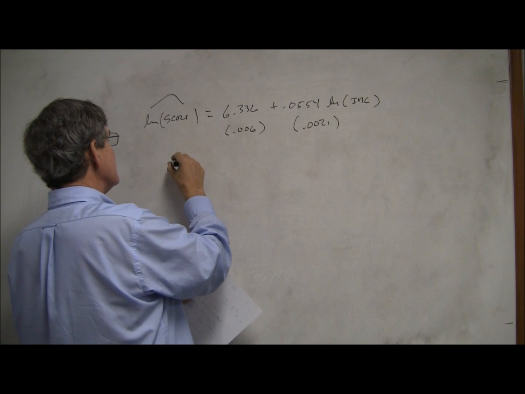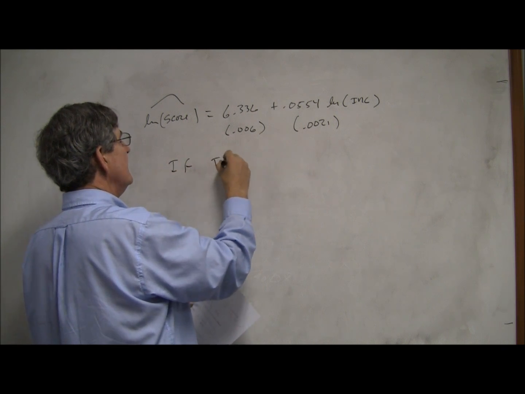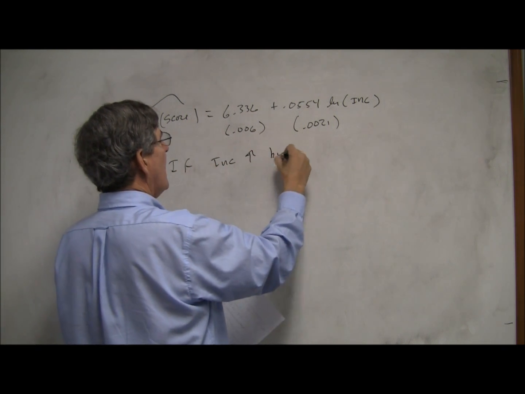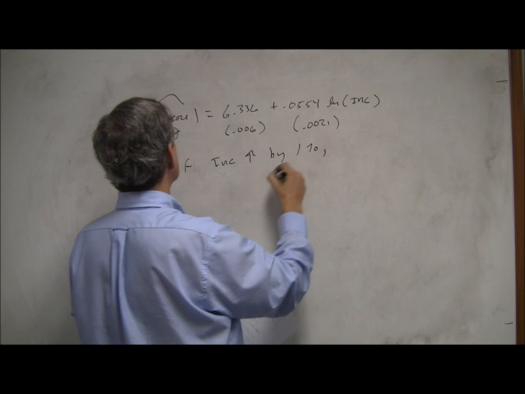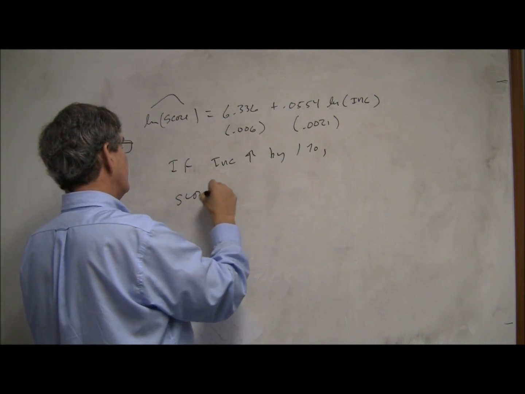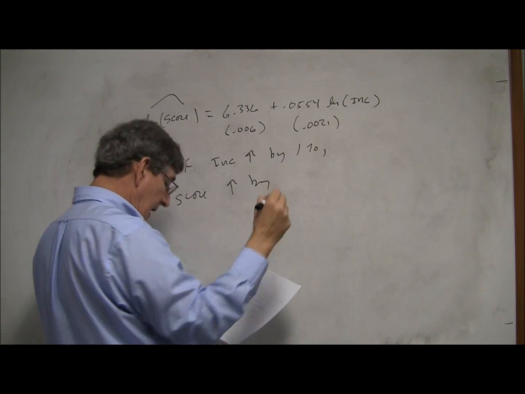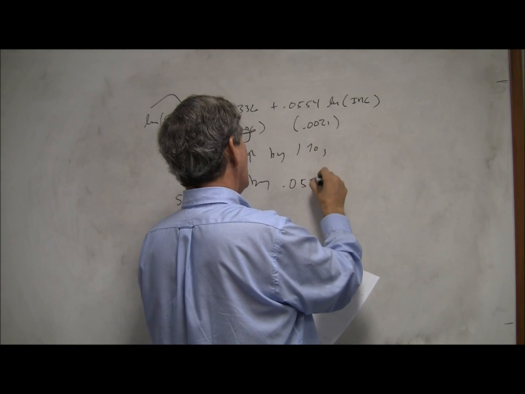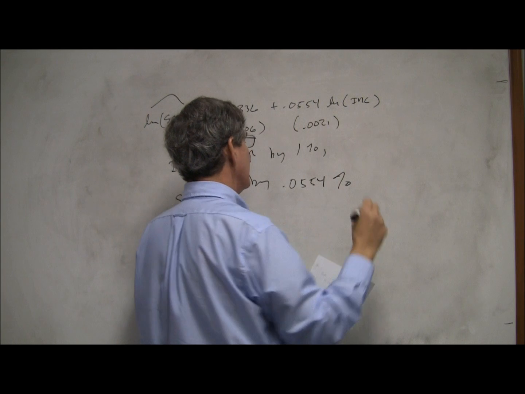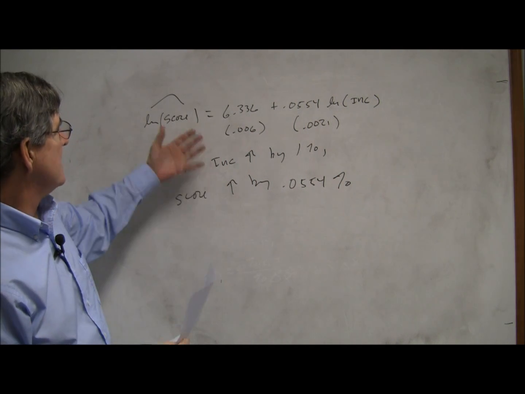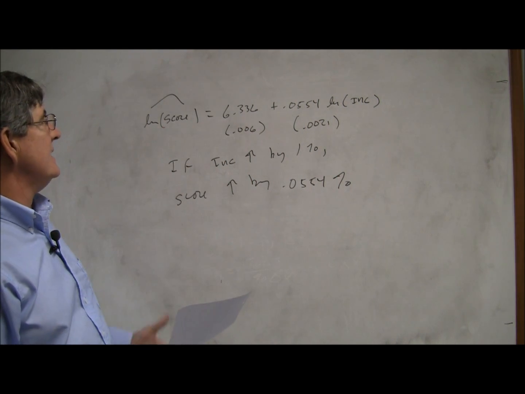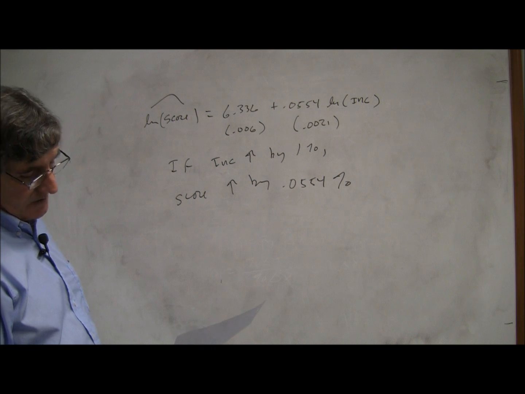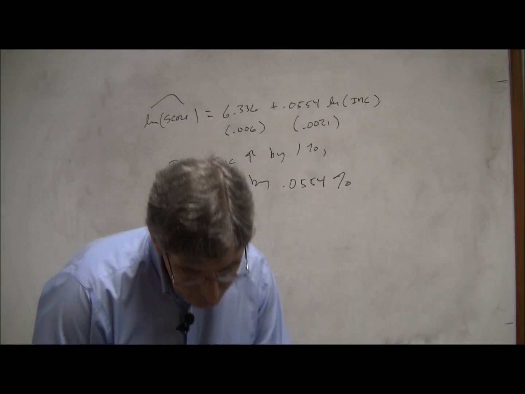So what this tells us is if income goes up by 1%, score goes up by 0.0554%. And so these connect percentage changes in a fairly simple way.